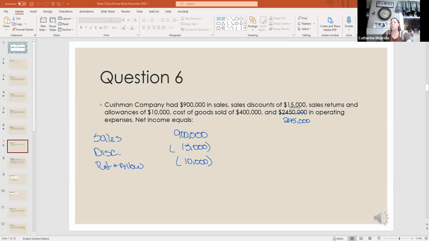Cost of goods sold. We know that we have to subtract cost of goods sold to get to net income. So we're going to subtract 400,000. And we have to subtract operating expenses, so we're going to subtract 245,000.